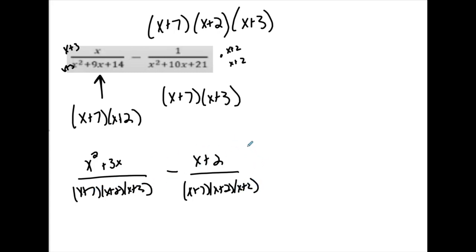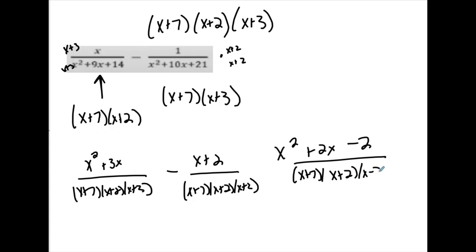And now the denominators are the same, so we add across the top, and I get x squared plus 2x minus 2 over x plus 7 times x plus 2 times x minus 2.